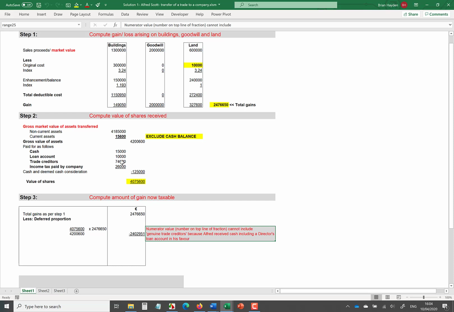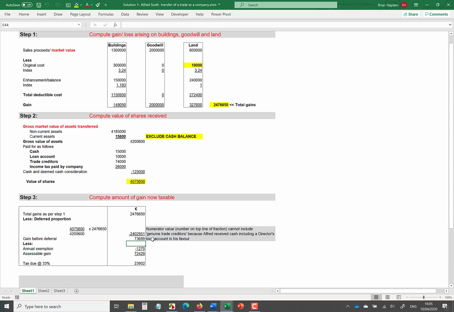But if these three elements that I'm going to select hadn't been part of the deal, so he hadn't received cash, a loan account, or had an income tax bill paid by the company, so he only had these trade creditors being taken over, then you could actually add the 74,000 up here, so it would improve the deferred proportion. But that isn't available because he received things other than shares.